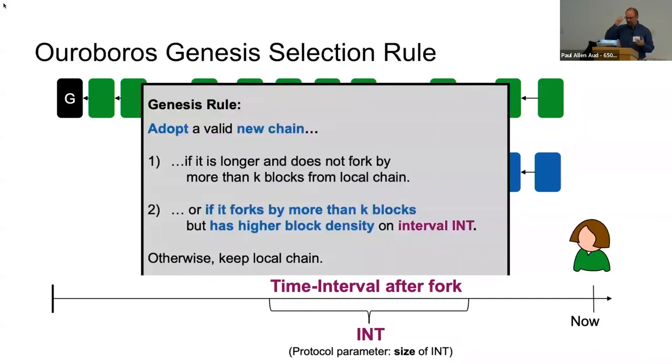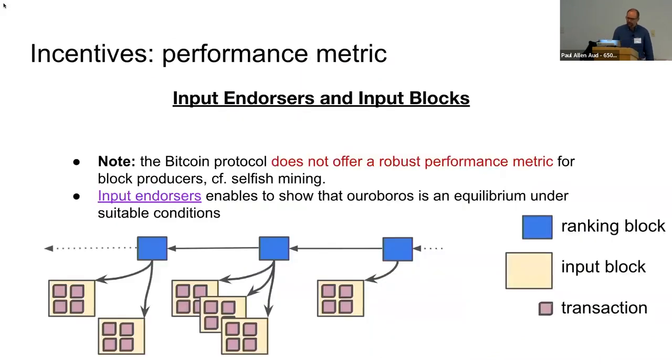What we were able to prove in this way is that under certain plausible assumptions, it is possible for any bootstrapping client to connect to the right chain. So higher block density is something that can be used for clients to join.